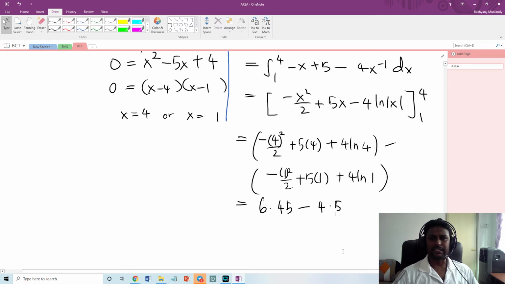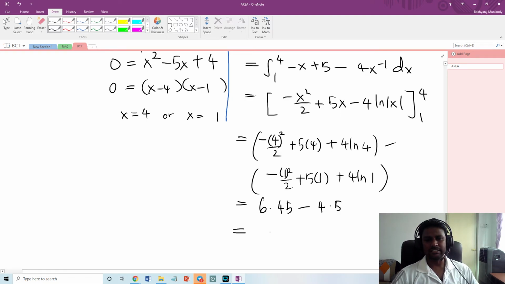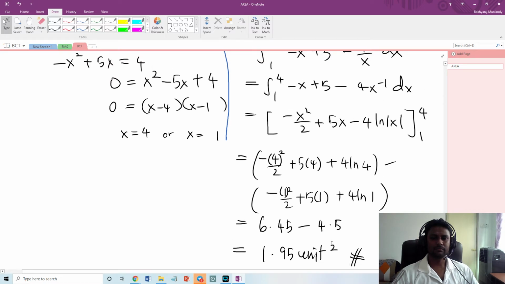And what is our last answer? 6.45 minus 4.5, we get 1.95. Very good. So this is our answer, 1.95 unit square. So that is the last answer.